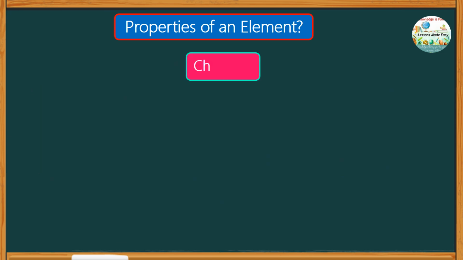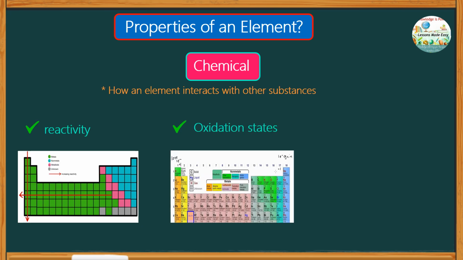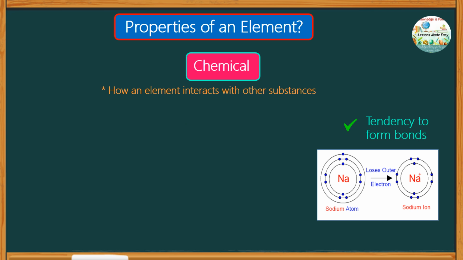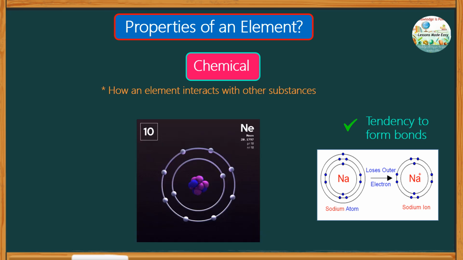Elements also have chemical properties that describe how an element interacts with other substances, including its reactivity, oxidation states, and tendency to form bonds. For example, highly reactive elements like sodium readily lose electrons, while neon is inert.